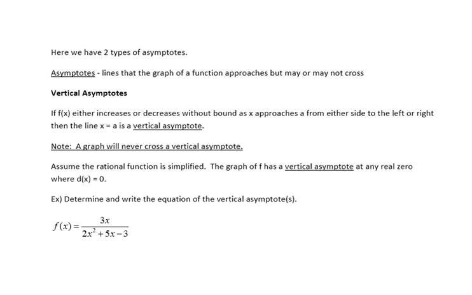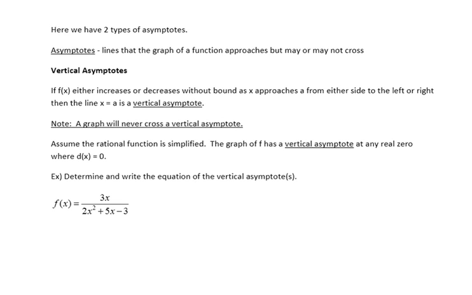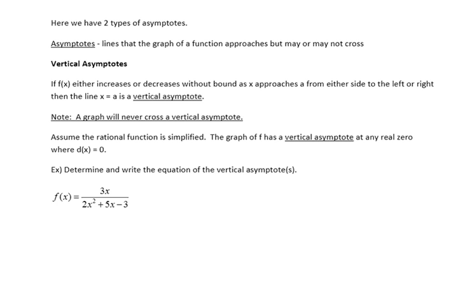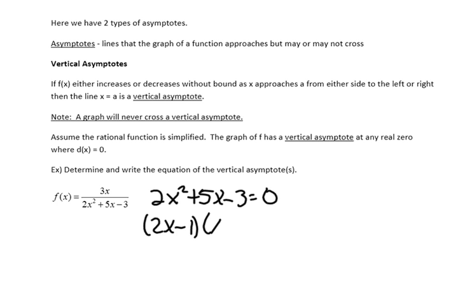Okay, so let's determine and write the equation of the vertical asymptote or asymptotes. So again, where do I go? Denominator equal to 0, as I'm going to move this down slightly. So set the denominator equal to 0. All right, so this does factor. This is 2x minus 1 and x plus 3.